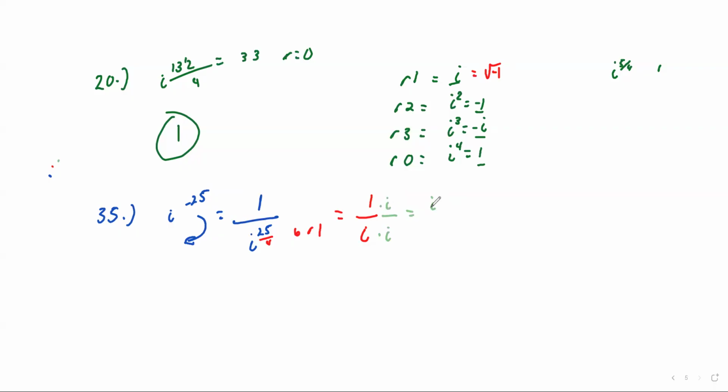So this becomes I over I squared, which we know is just negative 1. And to clean this up, I don't necessarily need that 1 there. This is just negative I. So this would be the actual answer here. All right. So a little bit more work to do, but once you get I to the 25th to I, then you're just rationalizing at that point.